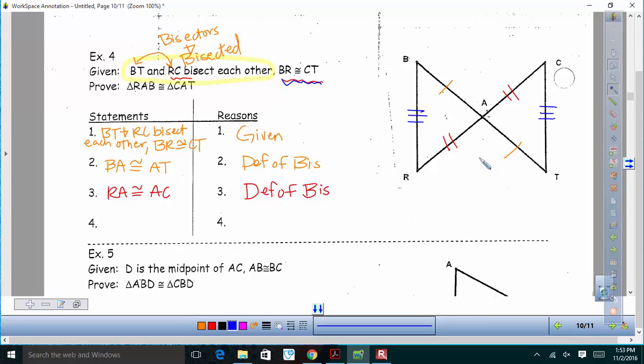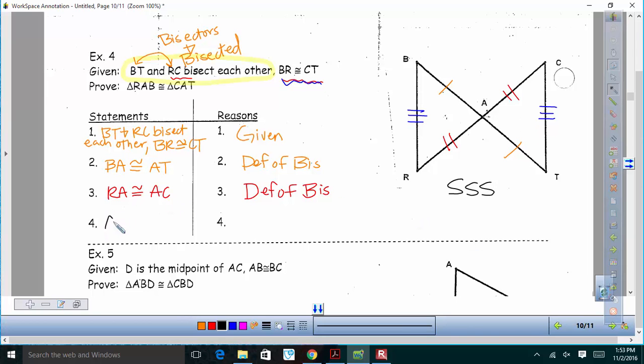Okay, so as you can see, we already have side, side, side. Do we need to look for something implied by the picture? We do not have to, since it's already proven. If you did, that's fine. You could prove it a different way. But since we already have side, side, side, then we don't have to keep going.